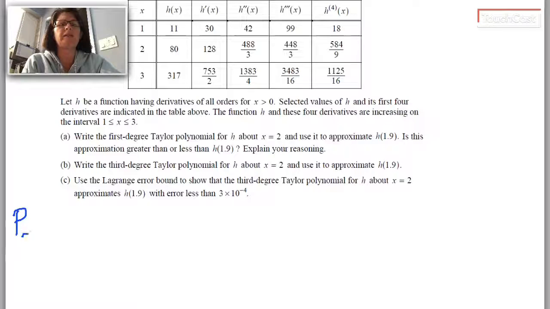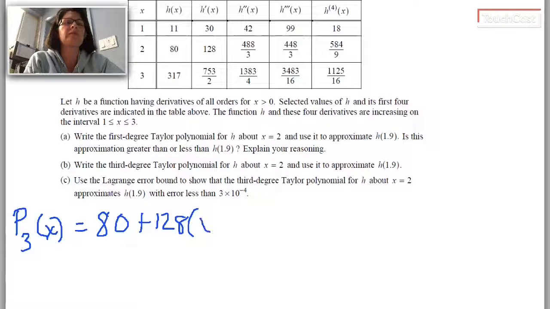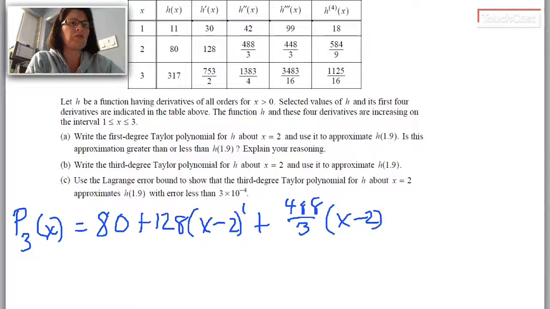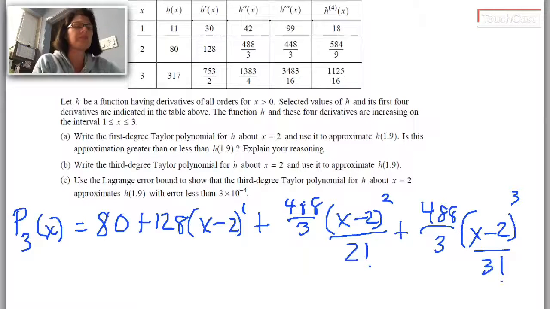So the third degree Taylor polynomial for h about x equals 2 is going to be the actual function value plus the first derivative times x minus 2 to the first, plus the second derivative, that's 488 thirds, times x minus 2 squared over 2 factorial, plus the third derivative, which happens to be the same, that's interesting, 488 thirds, x minus 2 cubed over 3 factorial.